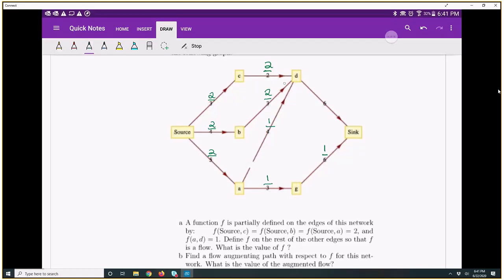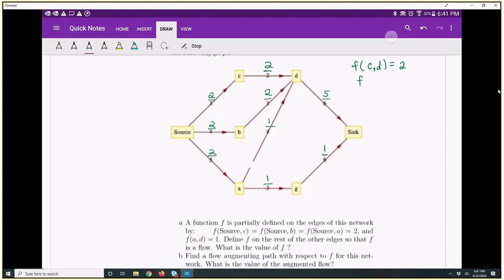But now if we add up, because we diverted this 1 gallon from A to D, I'm going to have 5 gallons flowing out of D. So the rest of the function, I need to say that f from C to D is 2.